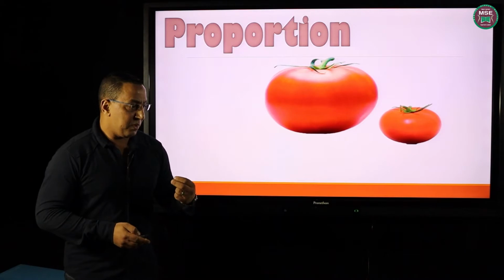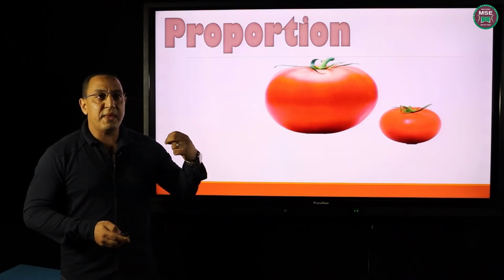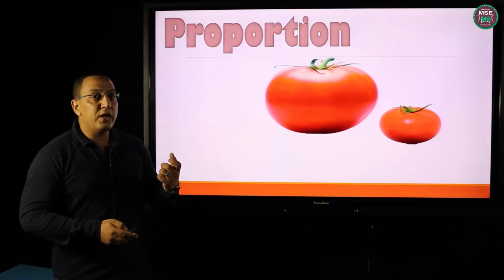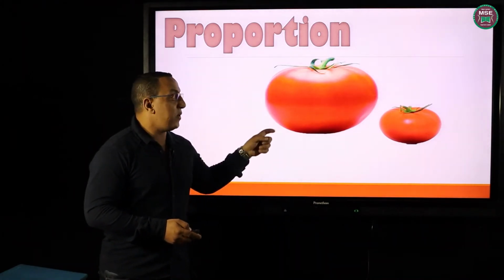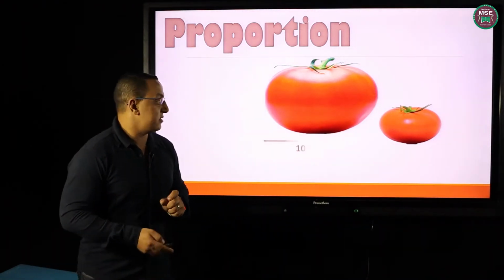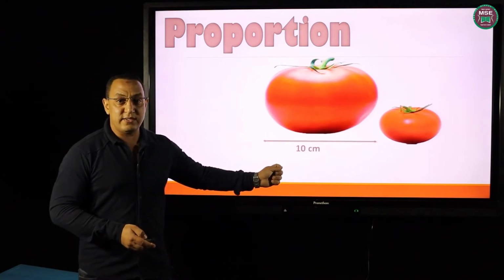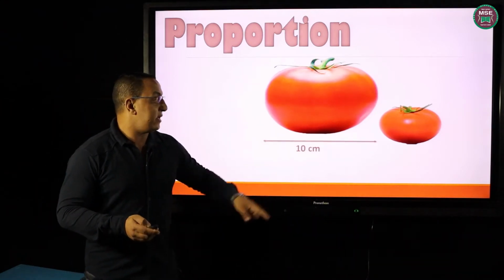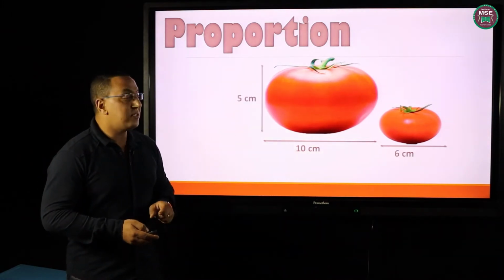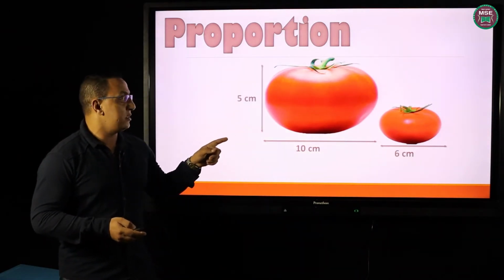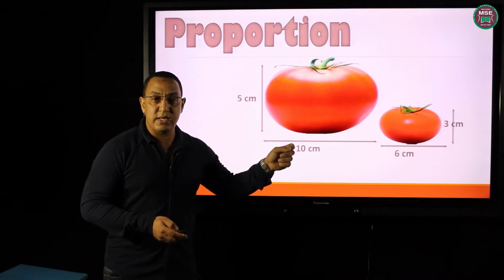Mathematically, we are going to compare the length of both of them and the width of both of them. The length of the first equals 10 centimeters, for example, and the length of the second equals 6 centimeters. And the width of the first equals 5 centimeters and the width of the second equals 3 centimeters.